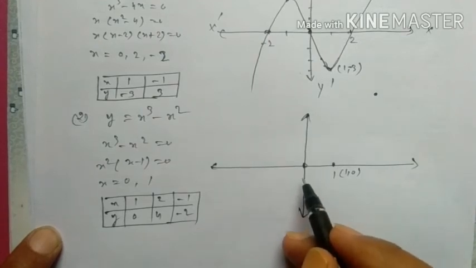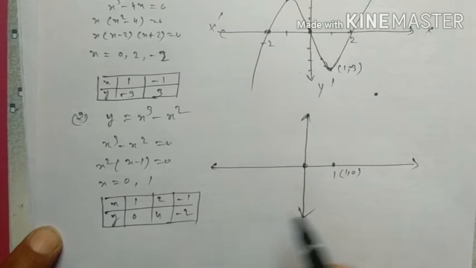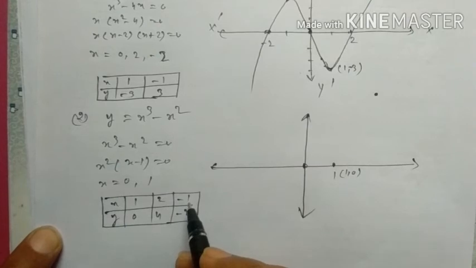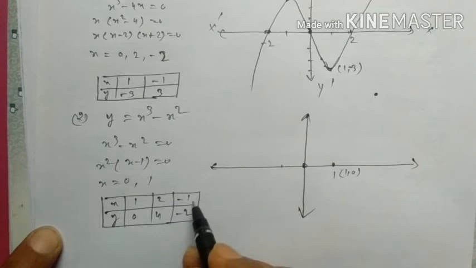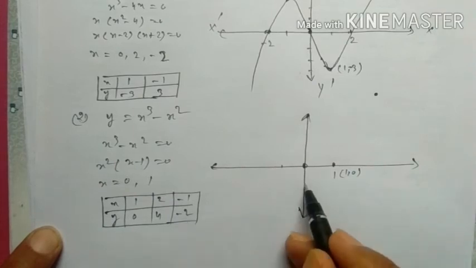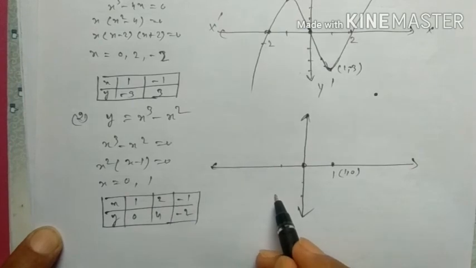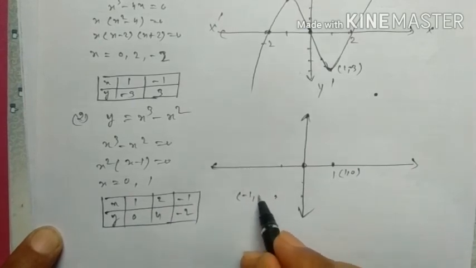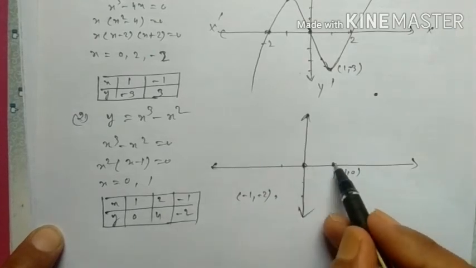And x equal to -1, y equal to -2, this is the point (-1, -2).